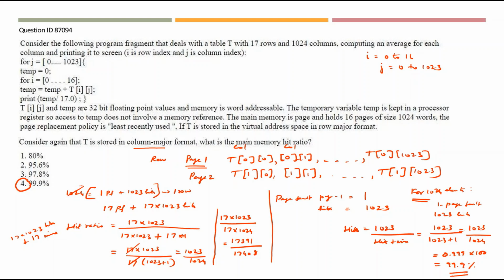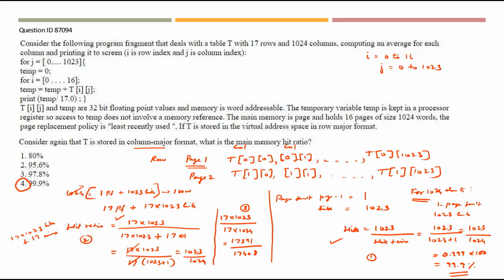The reason I am giving way 1, way 2 or way 3 is that all these three explanations are the same. First I calculated only for one particular page, separating the page faults and hits. To consider all the 17 pages together, I did it this way, and to do it based on the elements, the hits will be the number of elements accessed, right?